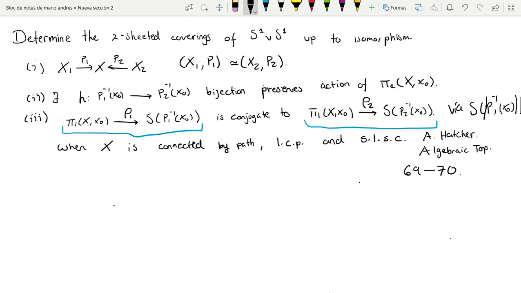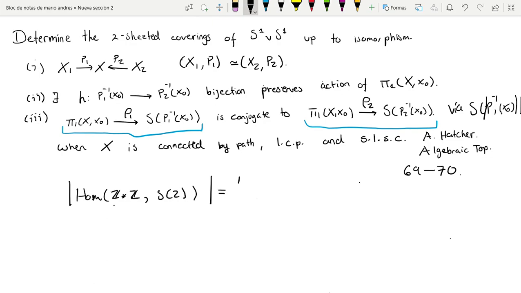But an action of this type only means a homomorphism of this kind, between the fundamental group of the wedge of circles, which we know is this free product, and S2. So we need first to determine this cardinality.